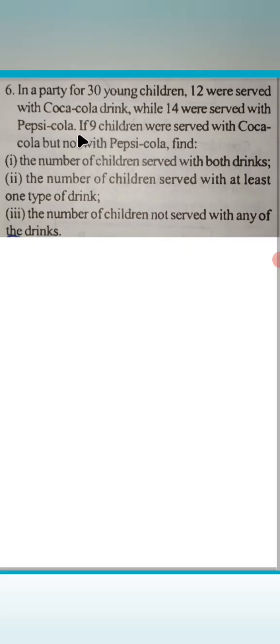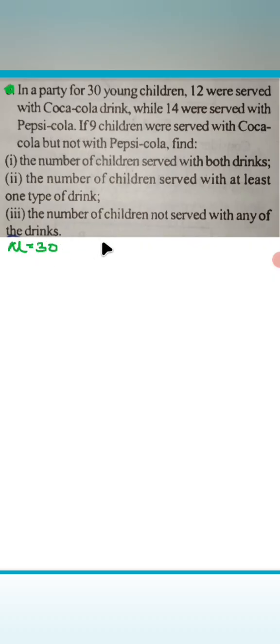So let's see another problem that we have here. The problem is in a party for 30 young children. So 30 young children, that is all our consideration here. So we're going to say the universal set is 30. So 12 were served with Coca-Cola drink. I'm just going to take Coca-Cola as C. So I'll say the number of Coca-Cola drink is 12.